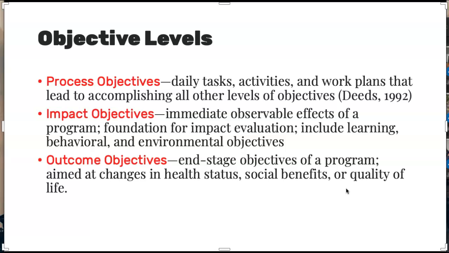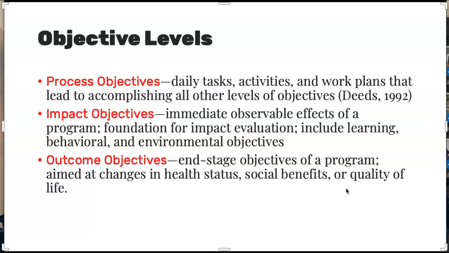So process objectives are the types of objectives that have to deal with the nuts and bolts of your program, right? These are the tasks. These are like work plans or events that are being held, like how many people attended this public health rally, or how many flyers were distributed in a particular neighborhood, whatever.